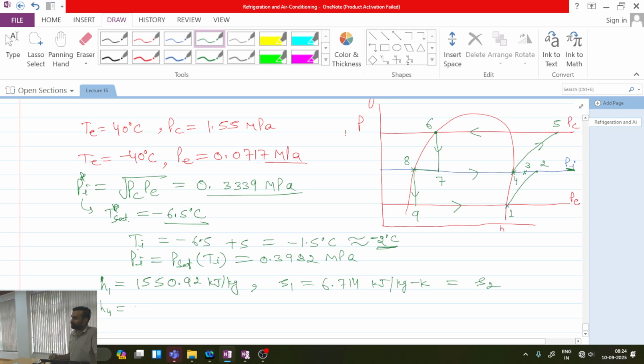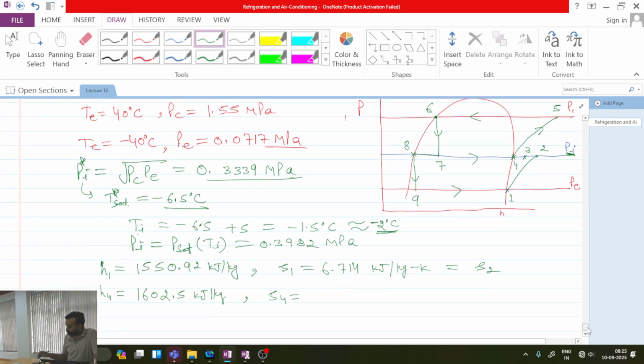What is H4? 1602.5 kilojoule per kg, and S4 is 6.12, and it has to be equal to S5.